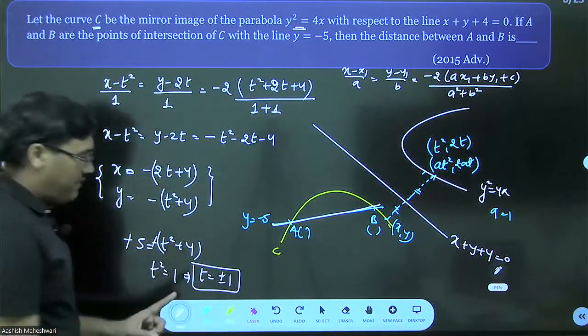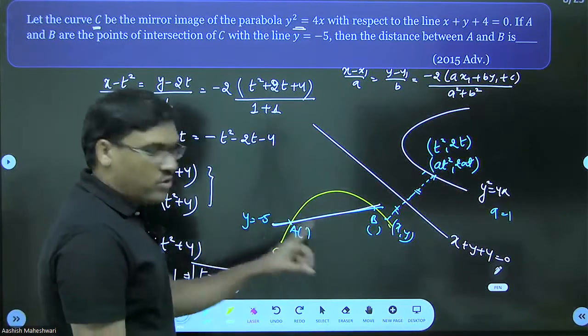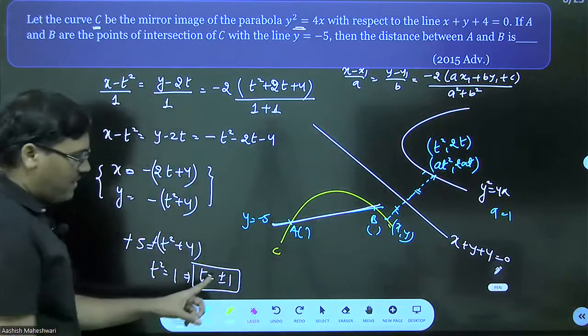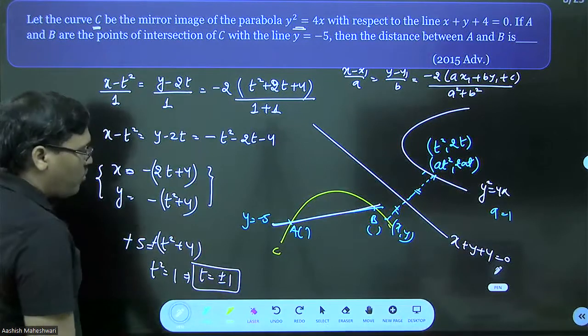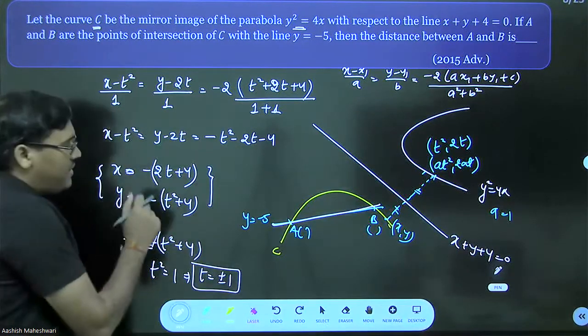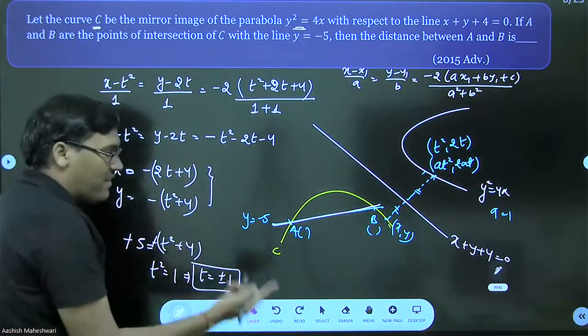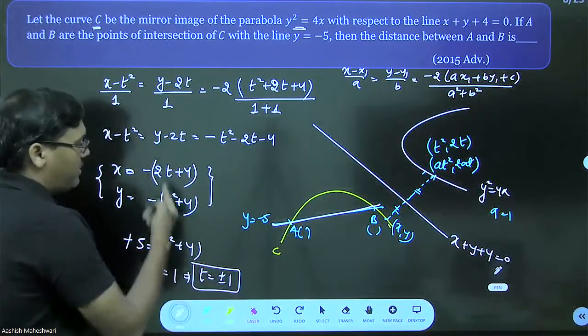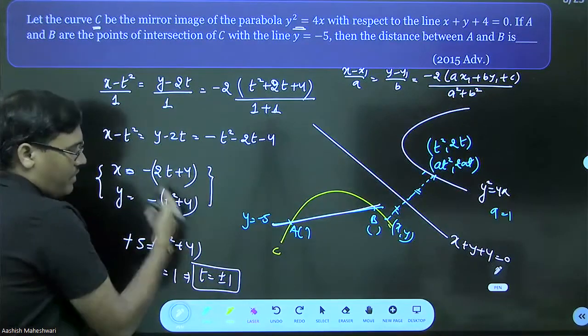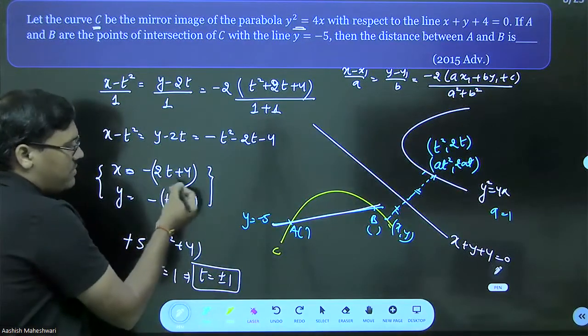So what will be the x coordinate? If I put t is equal to 1, this will become minus 6.